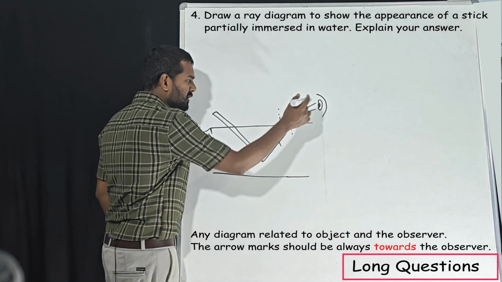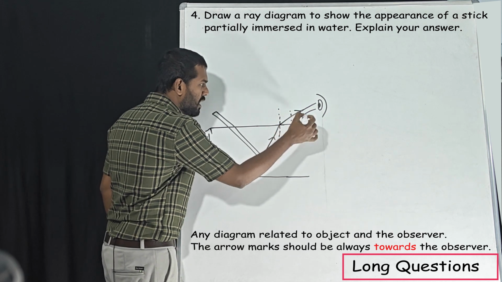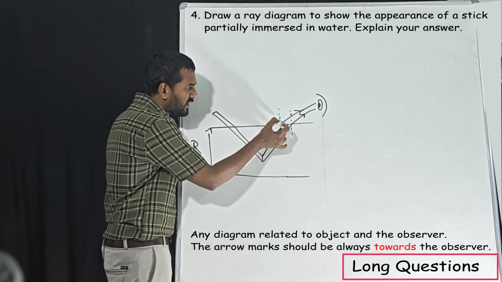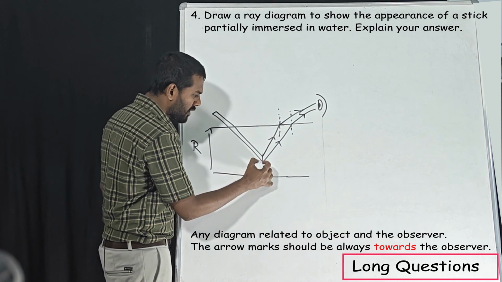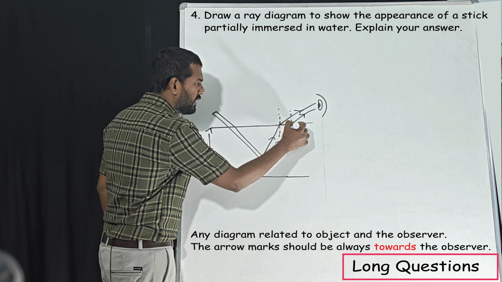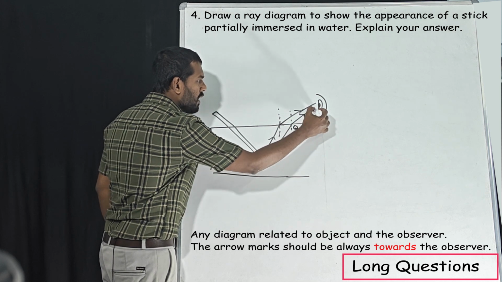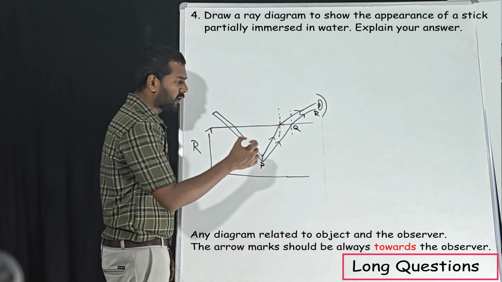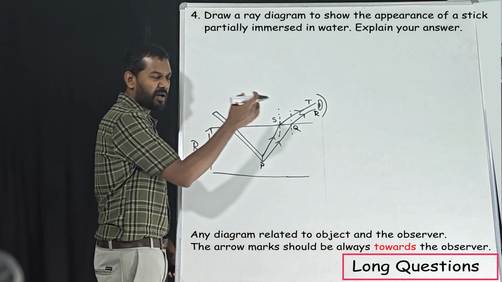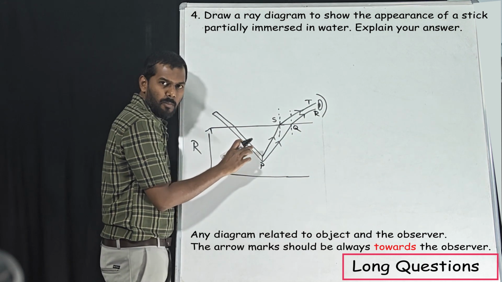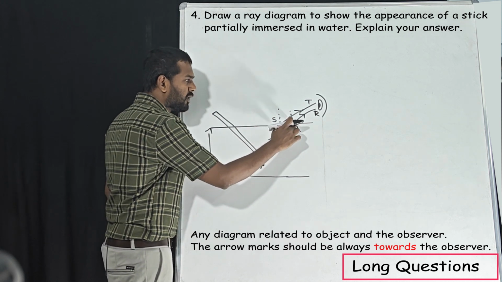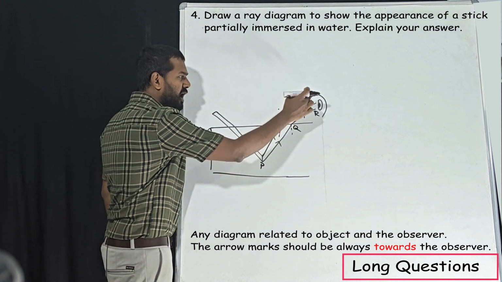If you see from this angle, it is going like this, but this is not the actual thing we are going to see, correct. If you extend these refracted rays, assume this is P, here it has Q, R, PQR, and this has ST. These are the two rays we are getting from the bottom of the stick, from these 2 points, QR after refraction and ST after refraction.